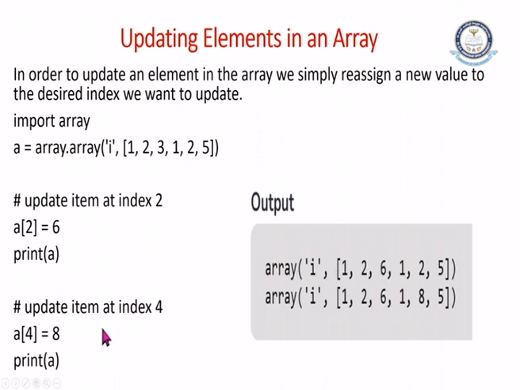So instead of 3 we are updating it to 6. At index 4, see, 0, 1, 2, 3, 4, instead of 2 I am updating it to 8. So like this you can search for an element and you can update the elements in an array.